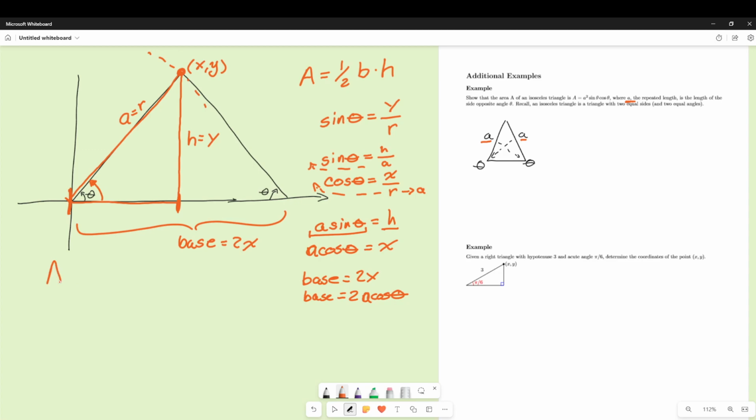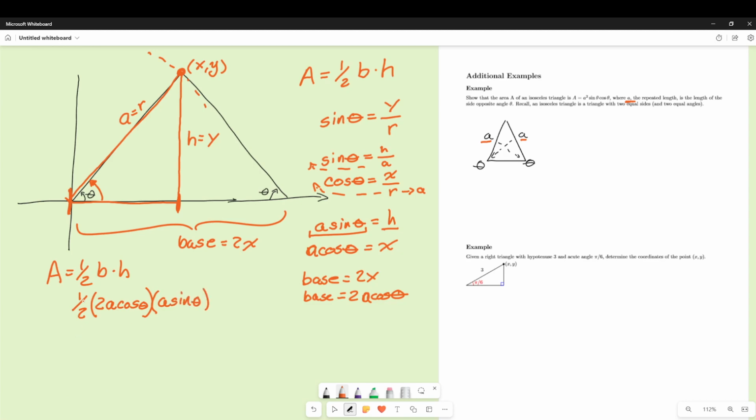So if we go back to our 1/2 base times height, that's 1/2 times our base, which is 2a cosine theta. It's a little hard to read. 2a cosine theta. And our height, a sine theta.